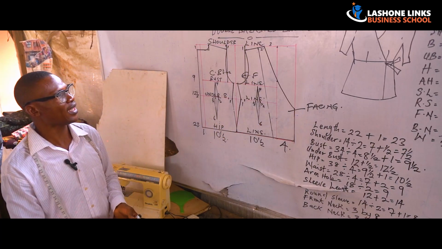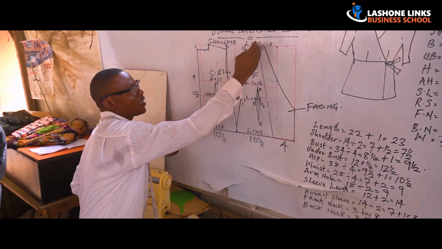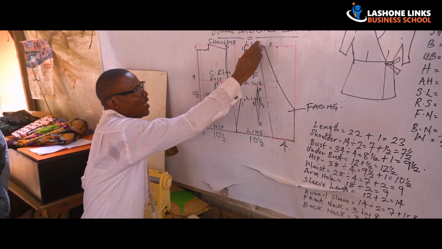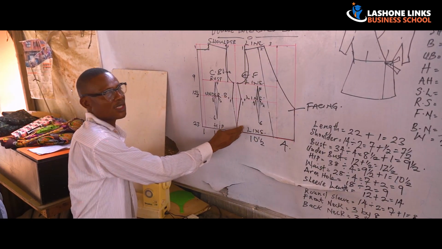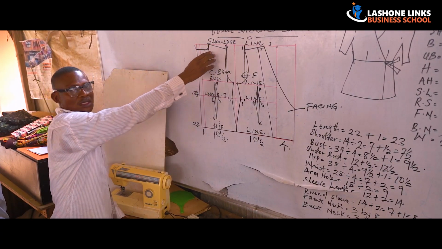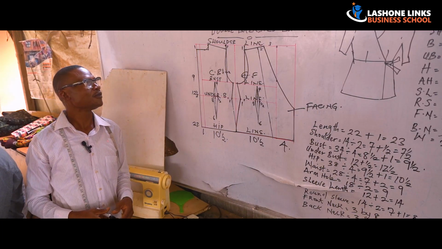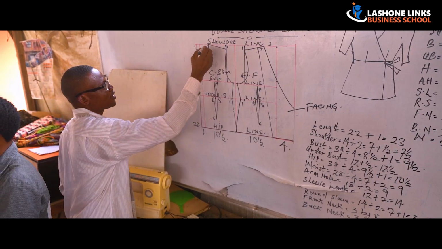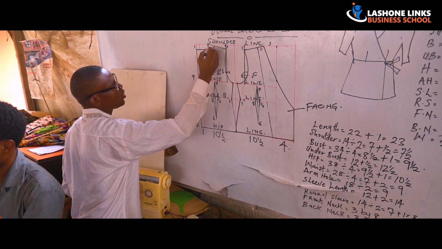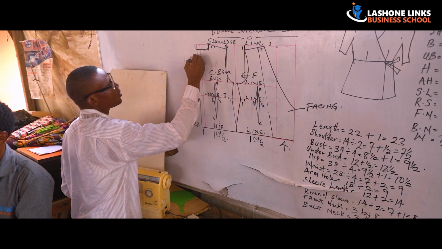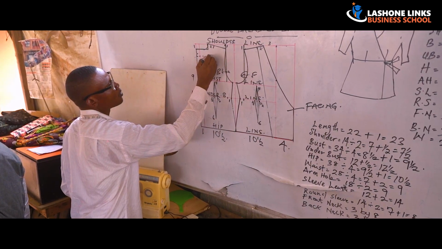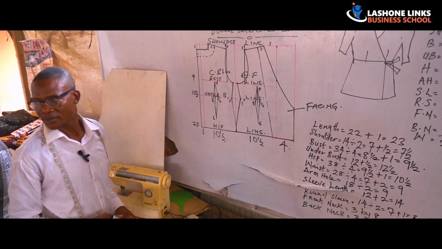And if you want to put lining, the lining will start after this facing. The lining will start from here to this side. And while you cut the lining of the back, you cut that one full. So this is your facing now for the back. You measure 2 and 2 again, and that's your facing.